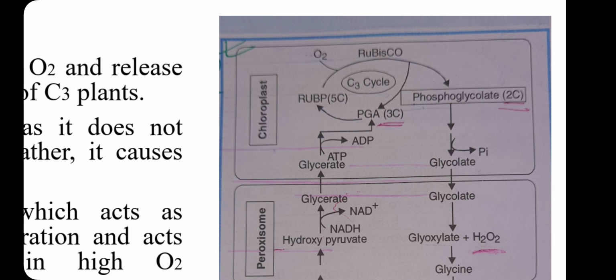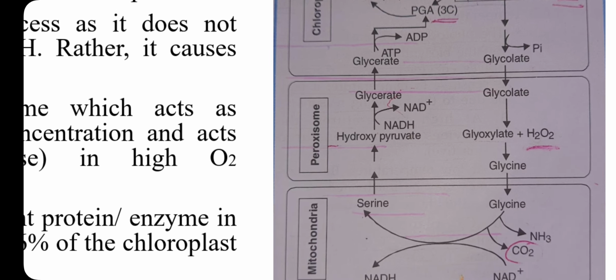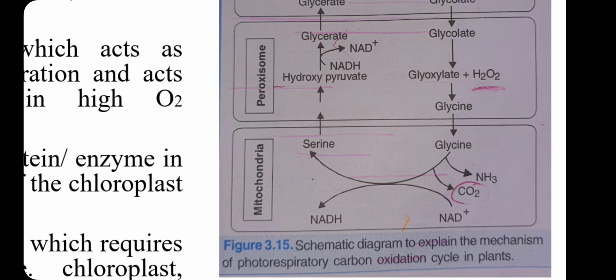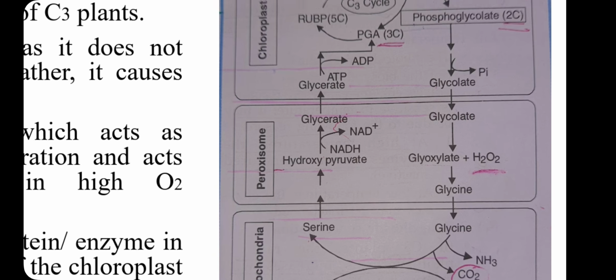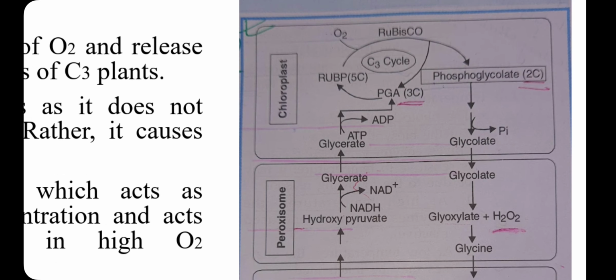Then glycolate moves to the peroxisome, where it is converted to glyoxylate and aminated to form glycine. Then glycine moves to the mitochondria, where it is converted to serine by releasing CO2 and NH3. Then serine moves to the peroxisome again, where it is converted to hydroxypyruvate.